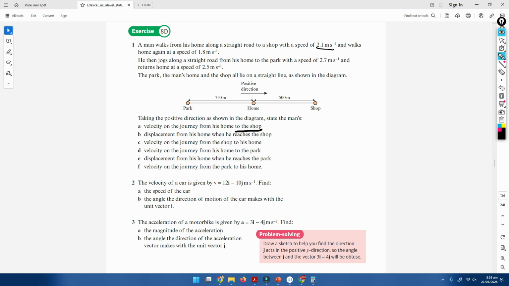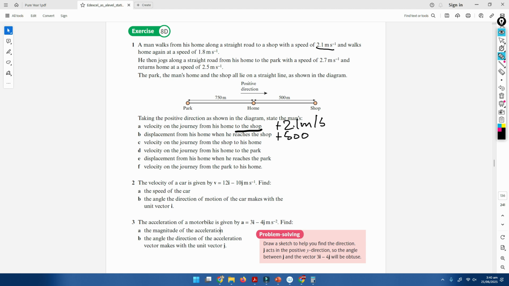That's 2.1 meters per second. So that's the answer to part A. Displacement from his home when he reaches the shop. So the displacement is given in the diagram. It's 500 meters, and since it's from left to right, it's going to be positive 500 meters. So that's plus 500 meters.